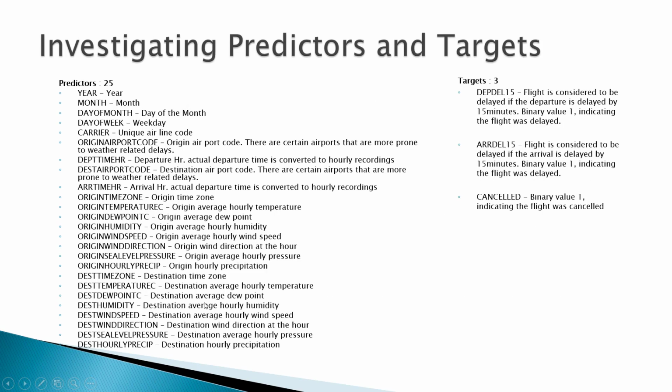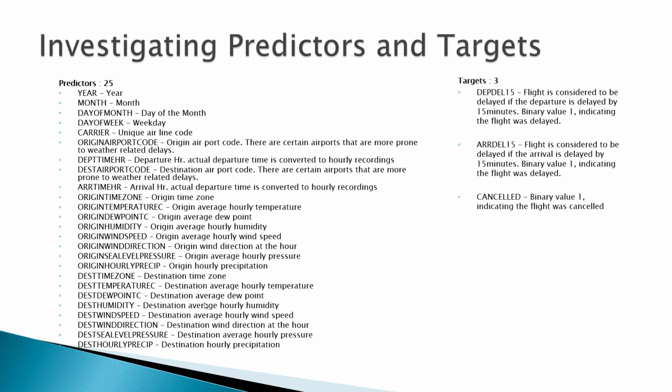Let's investigate the predictors and targets. In the initial dataset, I have 25 predictors including year, month, day of month, and the time of the flight, the carrier, origin airport, departure time, and so on, along with all the weather related data for destination and origin airport.